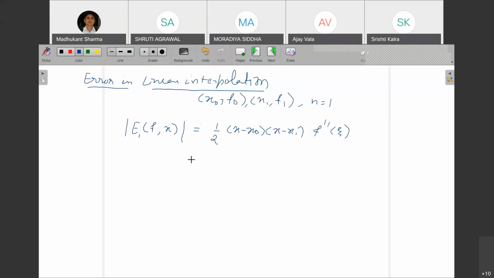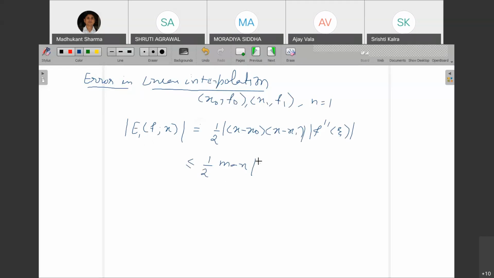This is further less than or equal to, as told, 1 by 2 times the maximum of the mod, because we have already taken the mod on the left side.